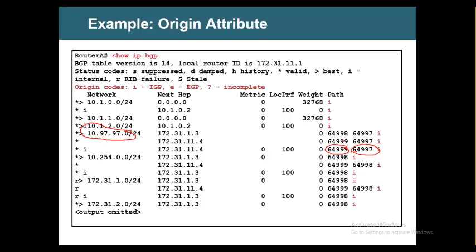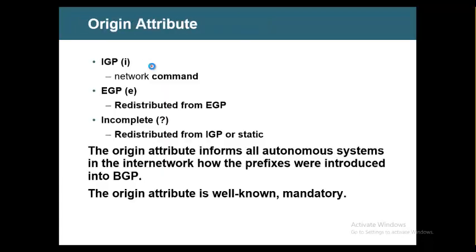It won't show. Then does it show only 64997? Yes. For example, this network is coming from 64998, which is the immediate autonomous system. This router's autonomous system is not displayed here, but that is the truth. So you will not see your own.